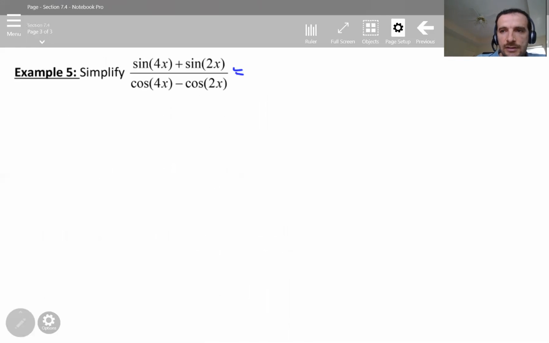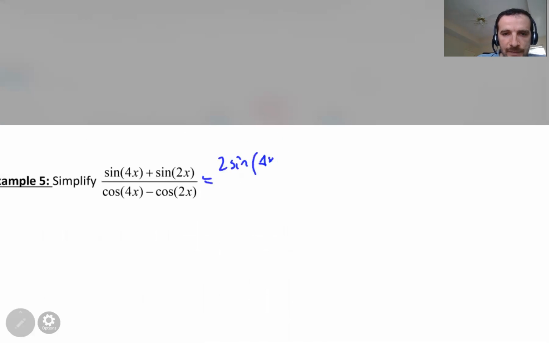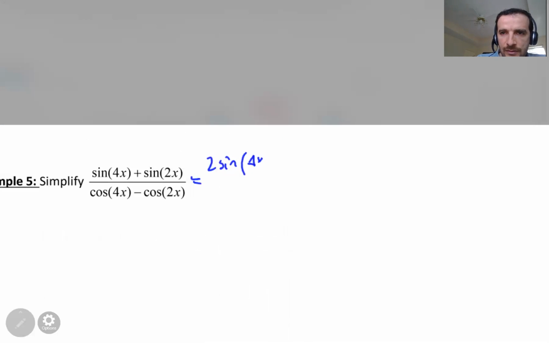So let me write that down. 2 sine of (a plus b) over 2, 4x plus 2x over 2, times cosine of (a minus b) over 2, right?